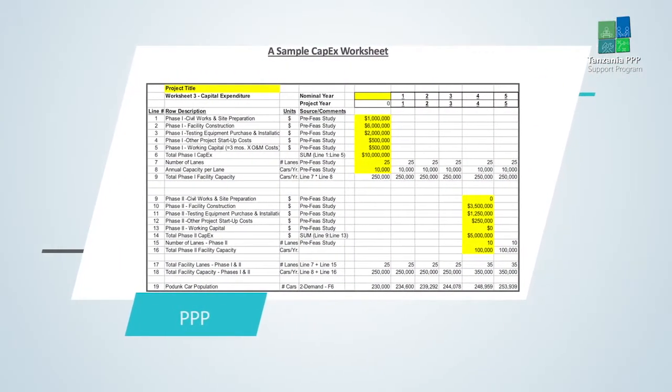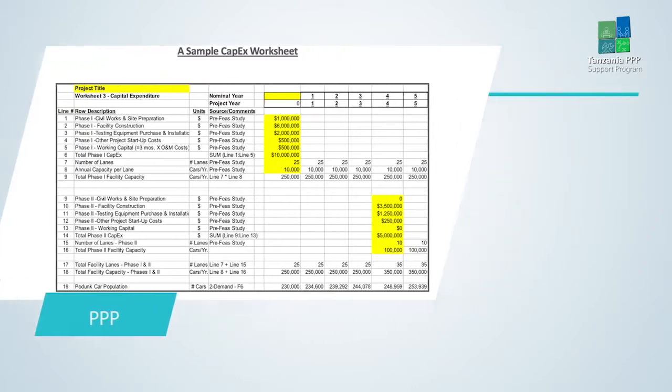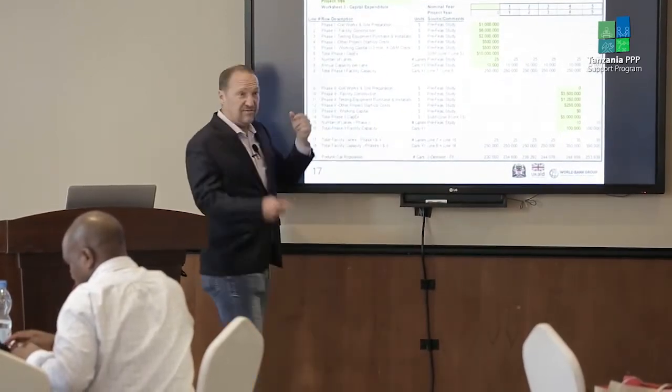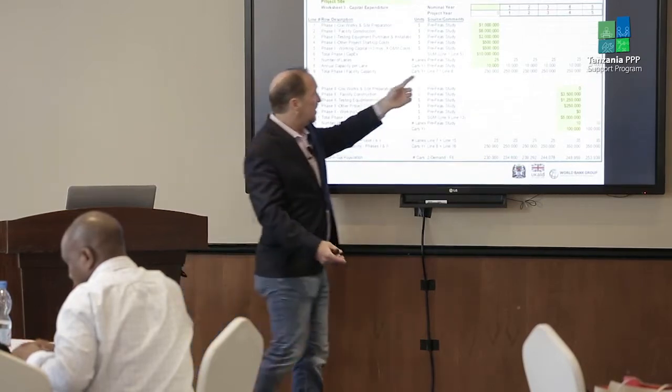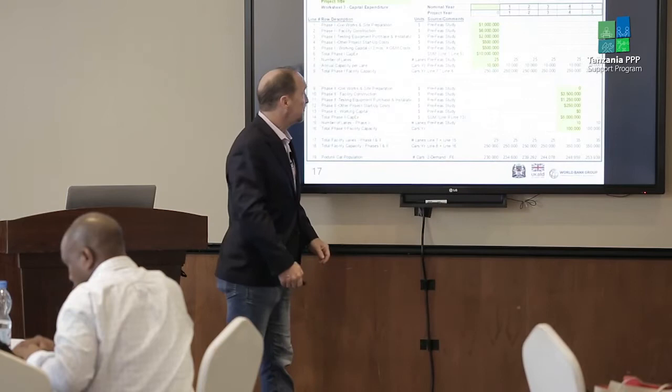Again, I'm not saying that this is the best way to do it, but hopefully you might think that it is nice to label things well and clearly, have the project title, do things like show both the nominal year and the project year, show which are the cells that actually, this is a CapEx worksheet, which are the cells that originate from the input assumptions. Those are highlighted in yellow. The rest of them are calculations that stem from that.